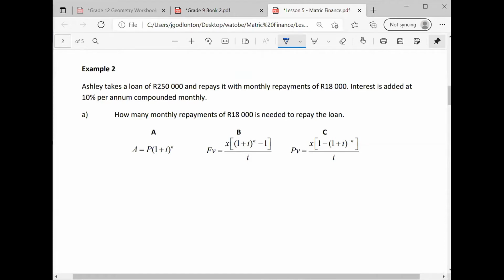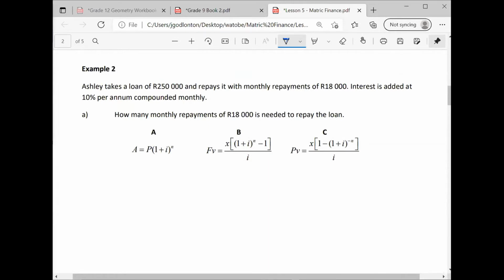So my first question to you, and you can just give me A, B, or C in the comments, is which formula am I going to use to find my monthly repayments? So just choose A, B, or C. Read through the question again, look for those keywords.